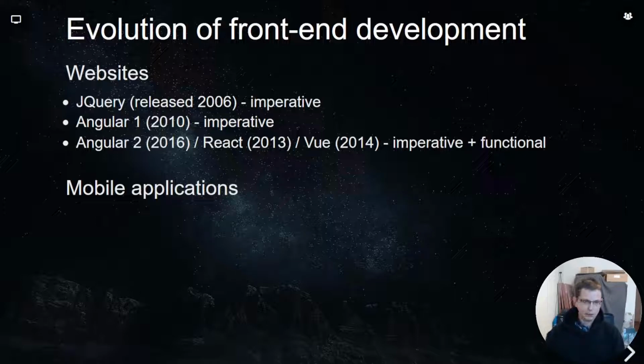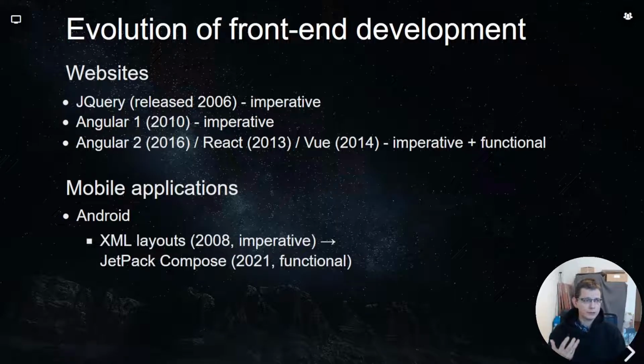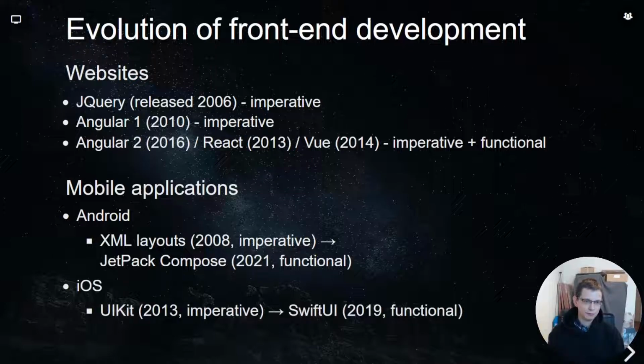For mobile applications, specifically Android, we also see this evolution. We had XML-based layouts in the original Android, and just recently, in 2021, Jetpack Compose was released, which is a lot more functional and declarative.